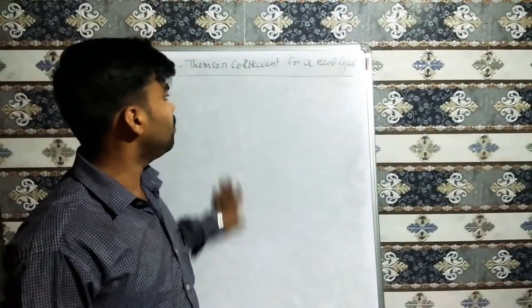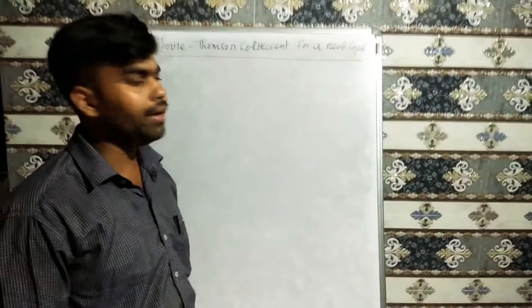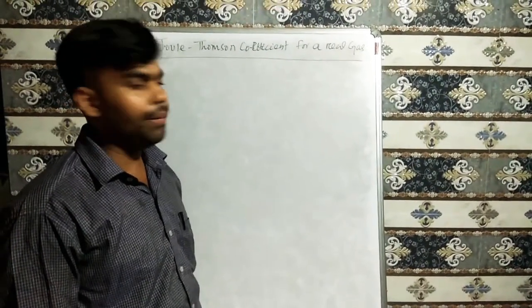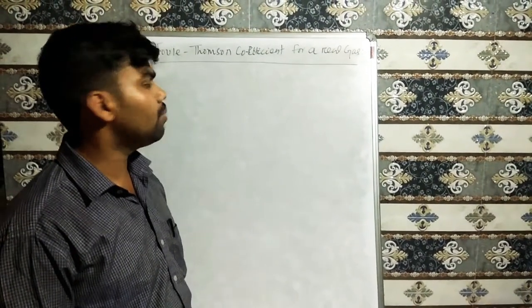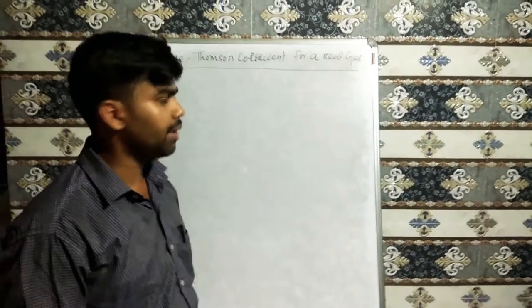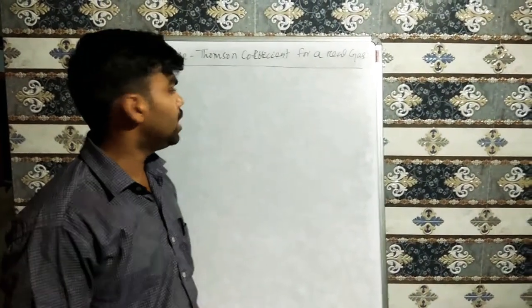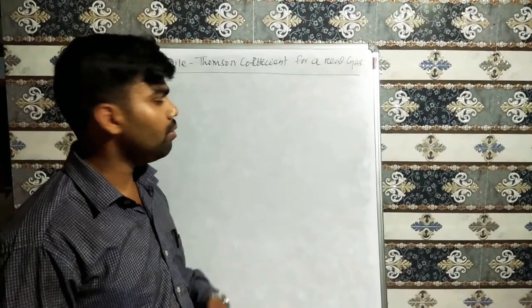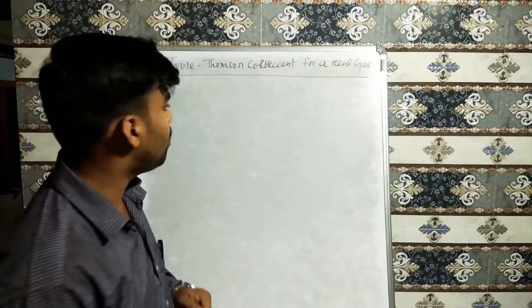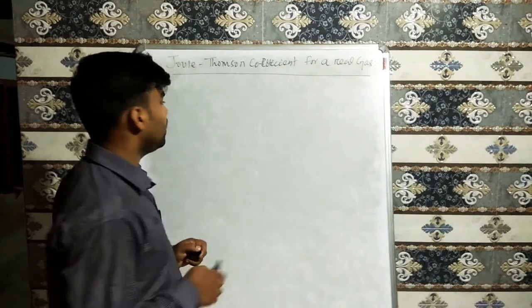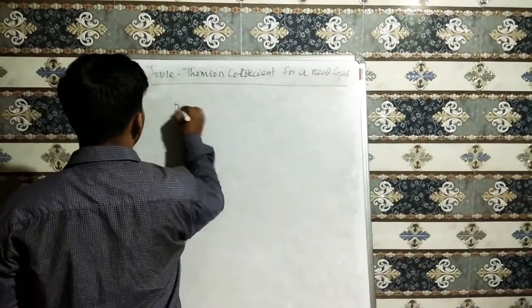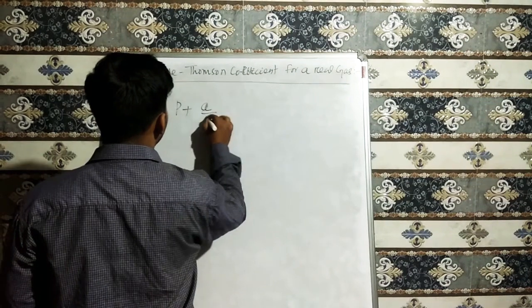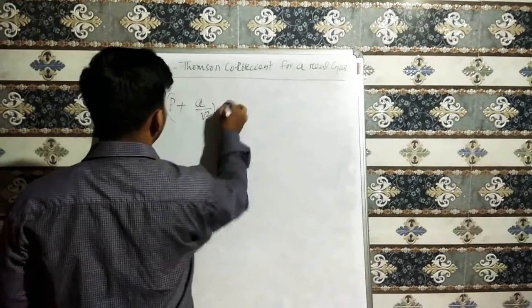Now I am going to calculate the value of the Joule-Thomson coefficient for a real gas. When we derive the Joule-Thomson coefficient expression for a real gas, we consider the Van der Waals gas equation. We know the Van der Waals gas equation for 1 mole of real gas, that is (P plus a by V square) into (V minus b) equal to RT.